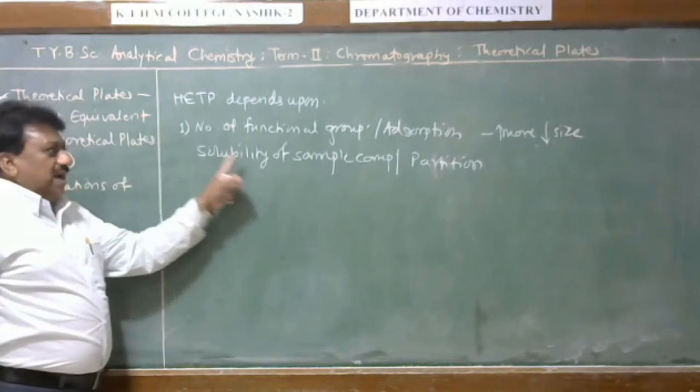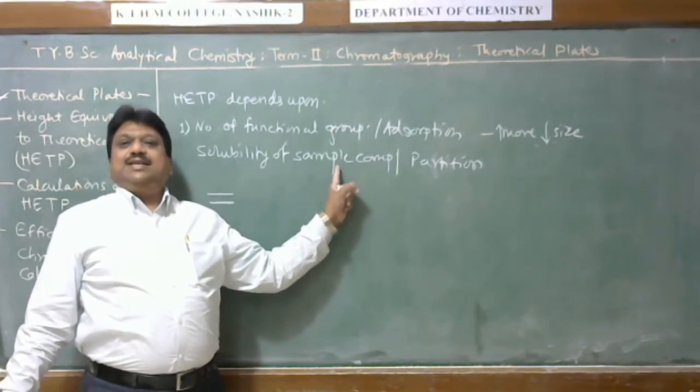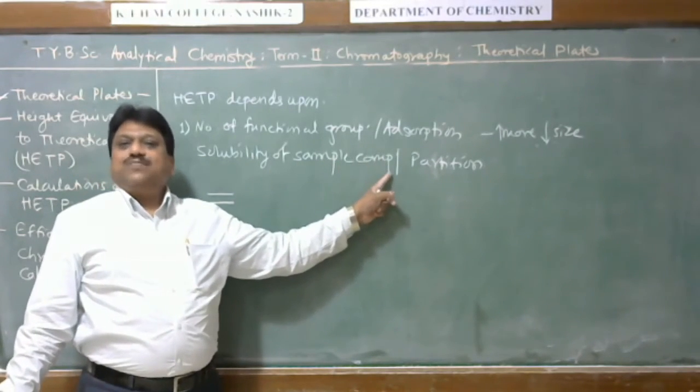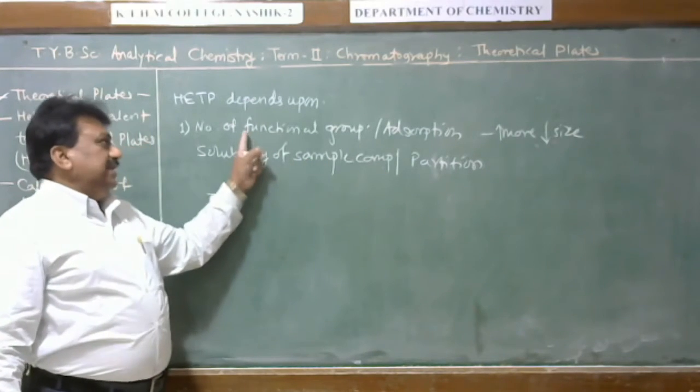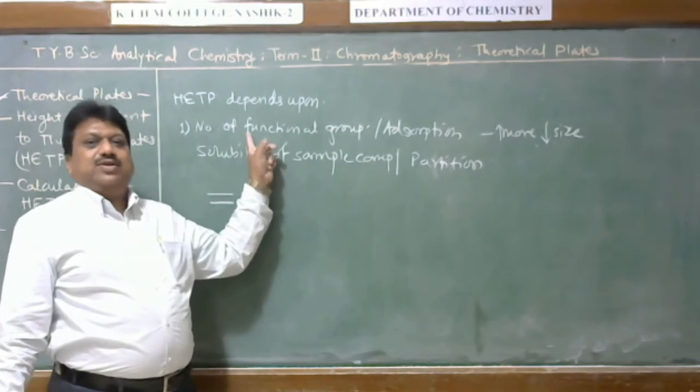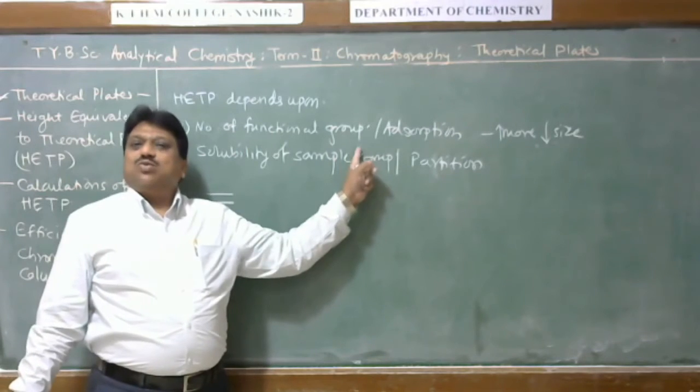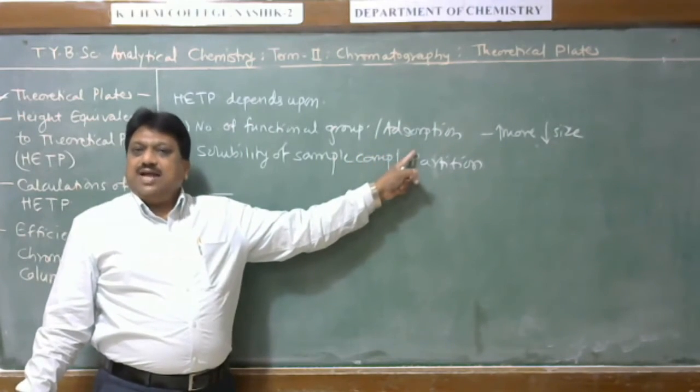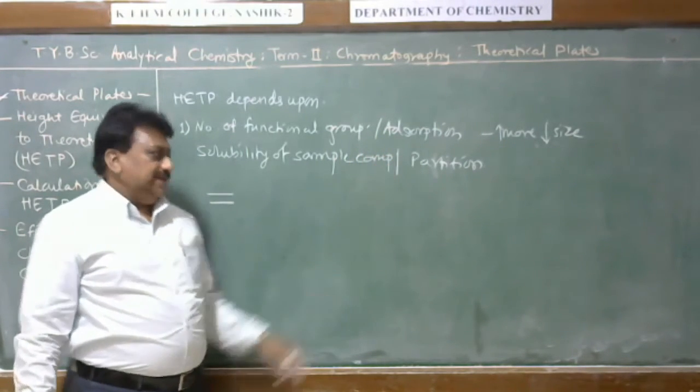Therefore, in case of partition chromatography, solubility determines the height of theoretical plate, and in case of adsorption chromatography, the number of functional groups determines the height of a single theoretical plate.